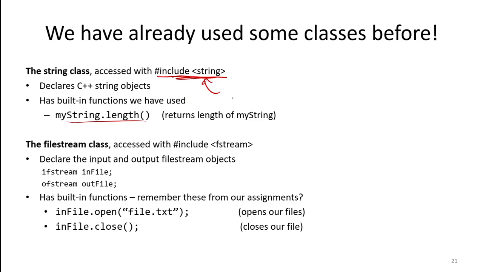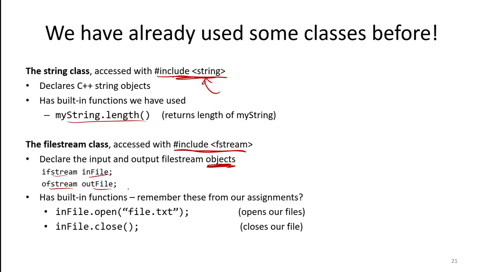Another important class which we have used before is the fstream class. When we use the include fstream header, this allows us to create input and output filestream objects. You'll remember in our file manipulation lecture, we showed that we need to declare these objects in order to be able to read and write files.